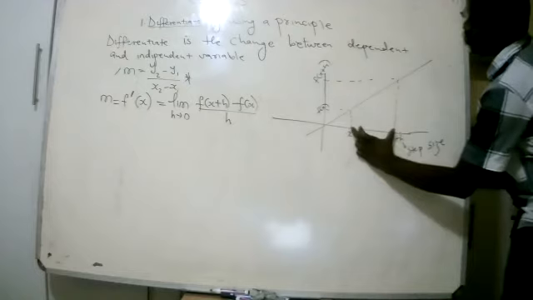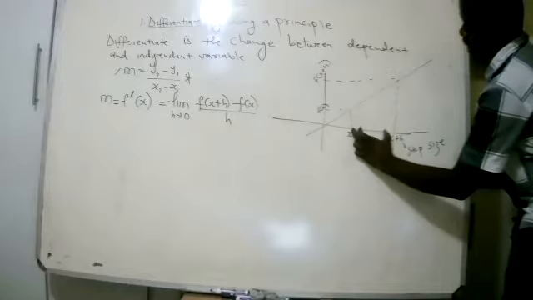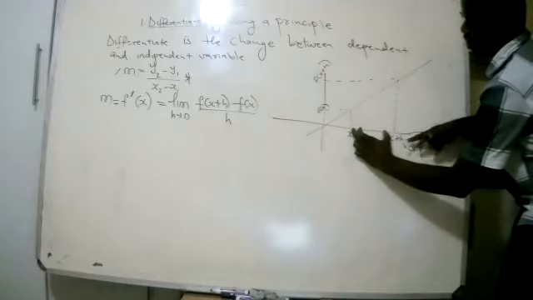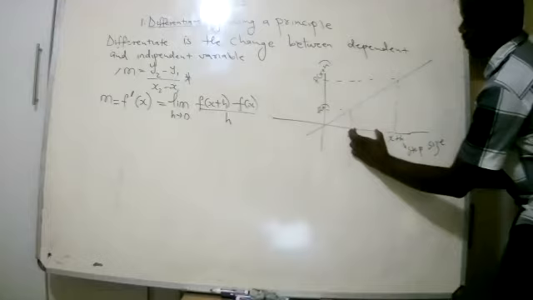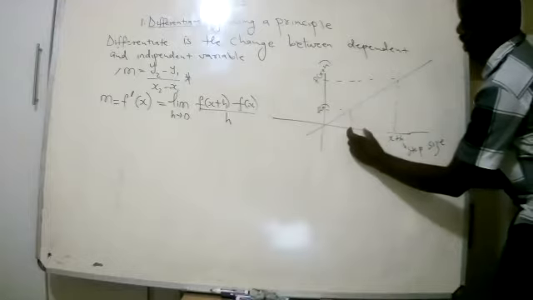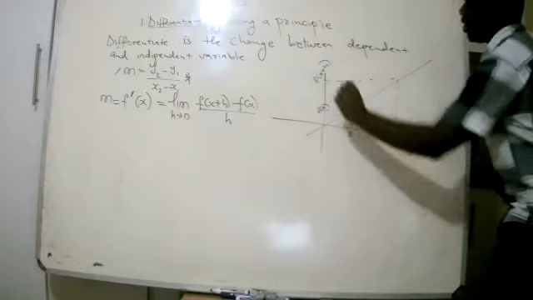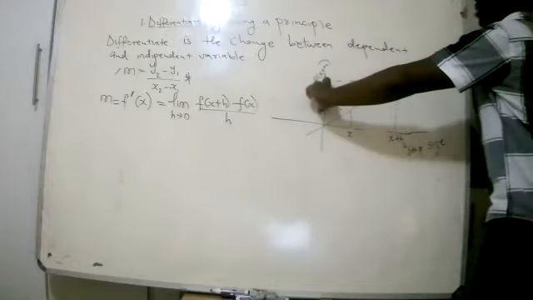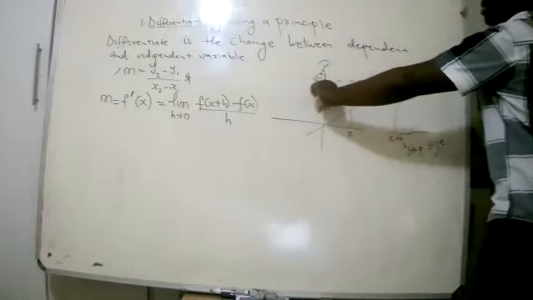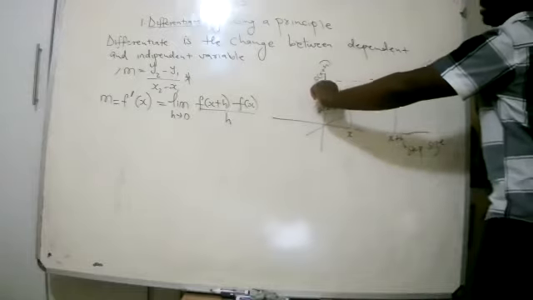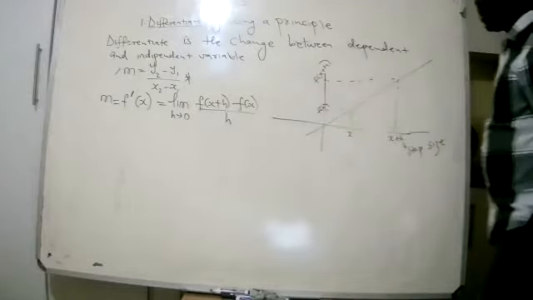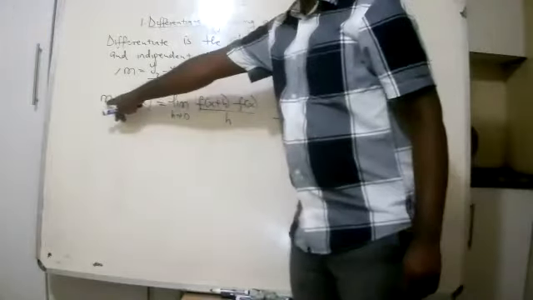This distance between these two values will be decreasing like this. When h decreases, the distance between x and x plus h decreases. And when that distance decreases, even the distance between the functions here will be decreasing.